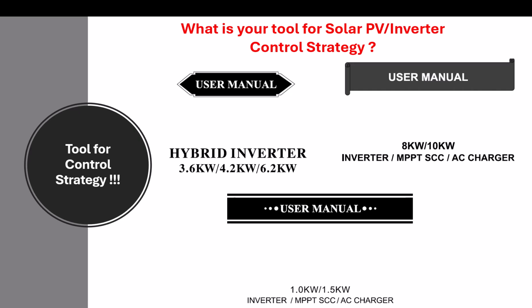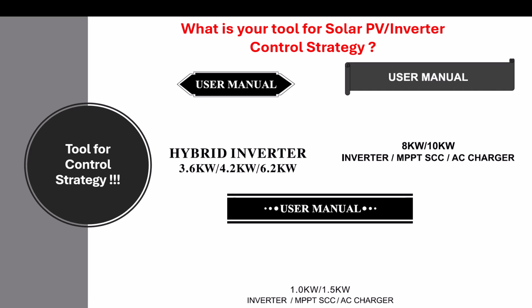Your user manual basically gives you everything about a component that you have. For example, a manual or technical information of a panel will give you information for the panel. A user manual and technical information of an inverter will give you all the system's boundaries of your inverter.